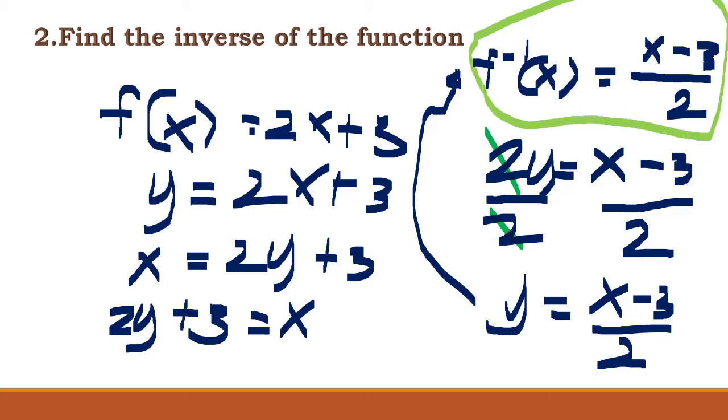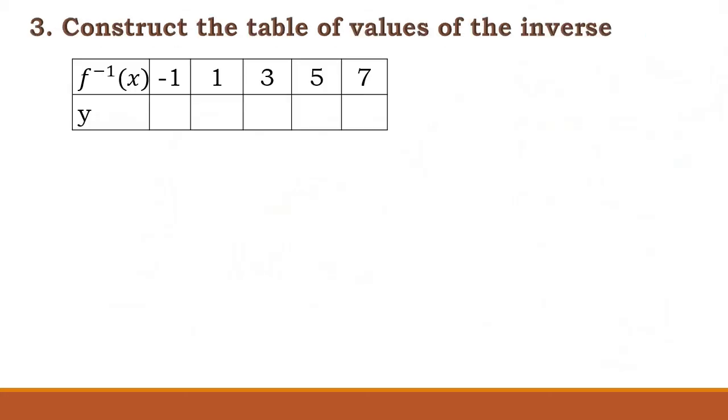So we have already determined the inverse of the given function. After finding the inverse, we're now going to construct the table of values of the inverse. Given the x values as -2, -1, 0, 1, 2... the values of the inverse as -1, 1, 3, 5, and 7. Let us find the value of y if x in its inverse is negative 1.